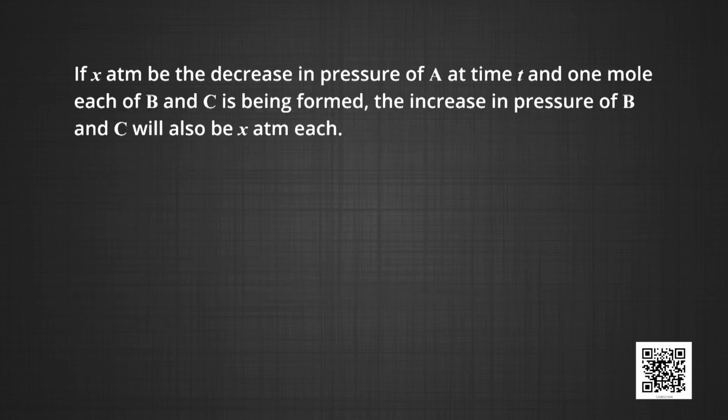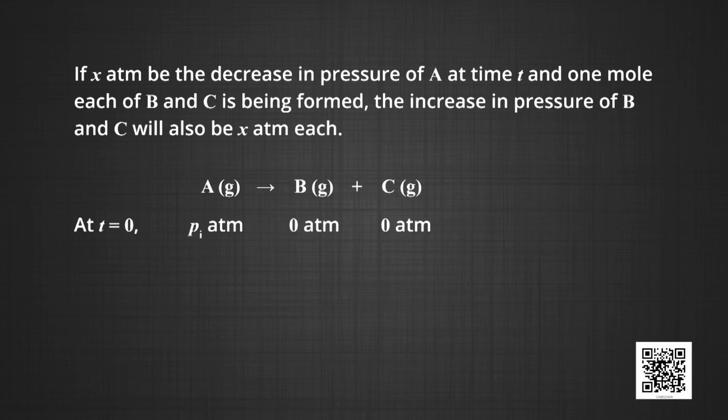If x atmospheres is the decrease in the pressure of A at time t, and 1 mole each of B and C is formed, the increase in the pressure of B and C will also be x atmospheres each. Now, the equation is again A gives B plus C, all in the gaseous state.